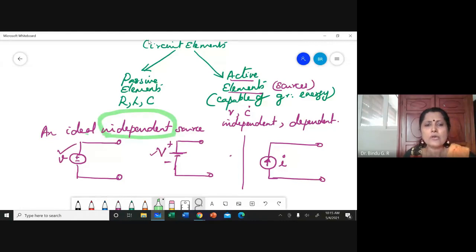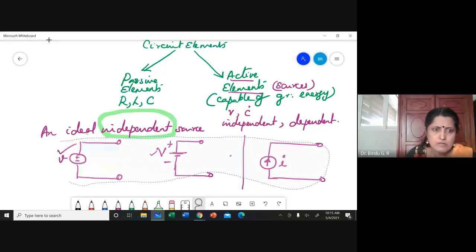Now, how will you represent them in a dependent source? Let's see how. How do you represent the dependent source?